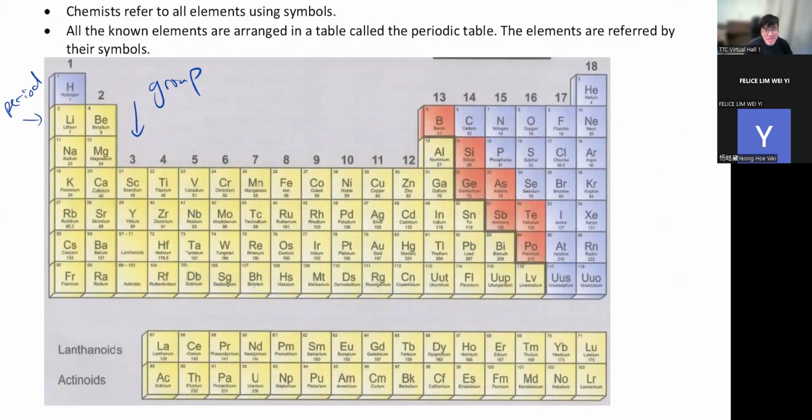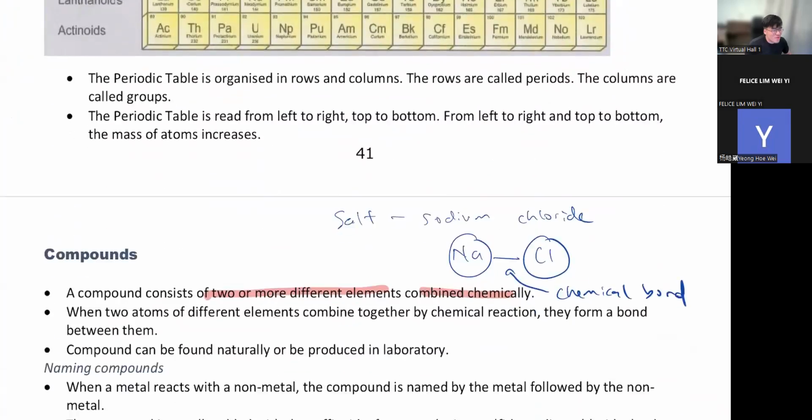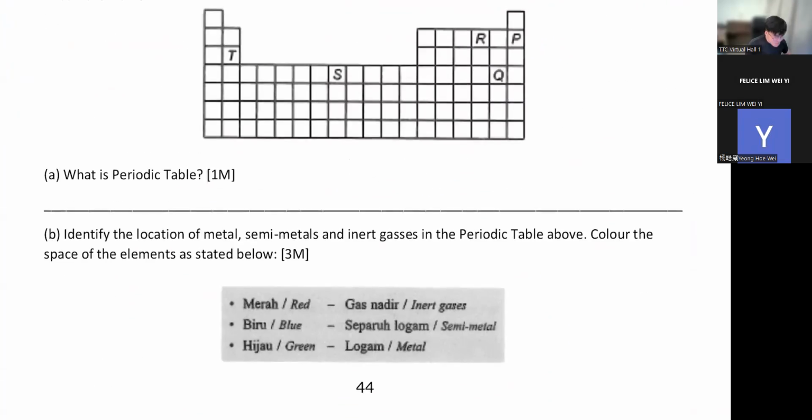When I teach memory techniques, I teach my students to memorize this just for fun. If you're into Super Brain, you can challenge yourself to memorize this. But other than that, no. Who is so free to memorize this? Anyway, so what is the periodic table?